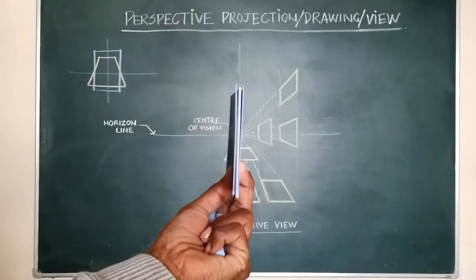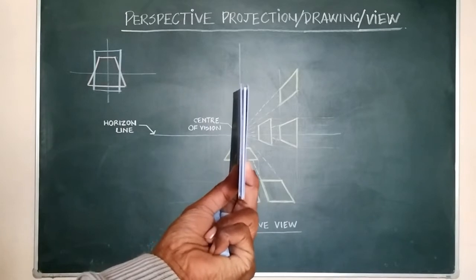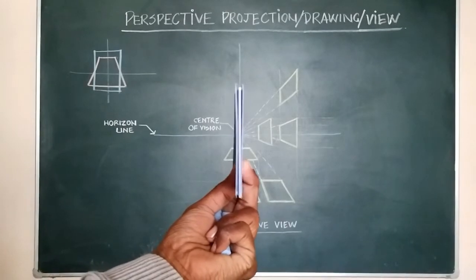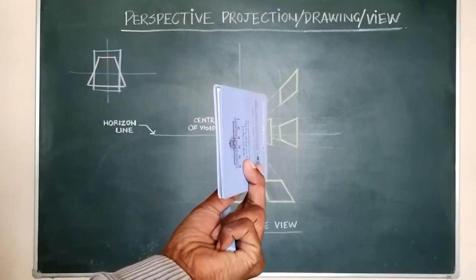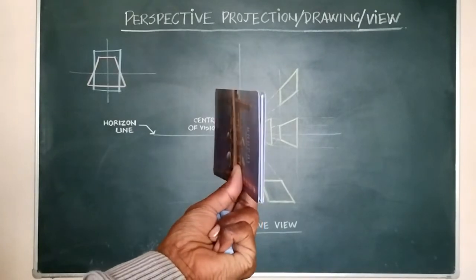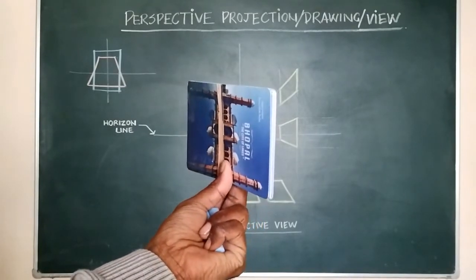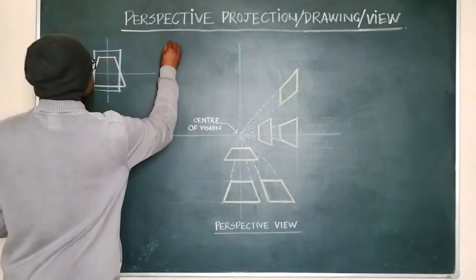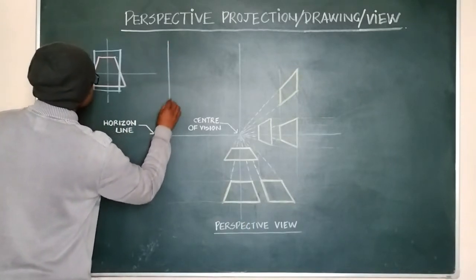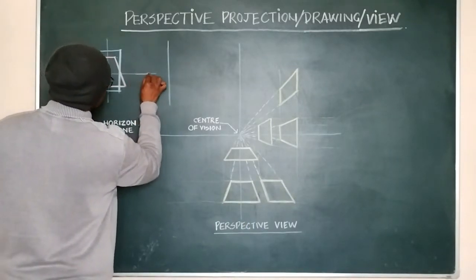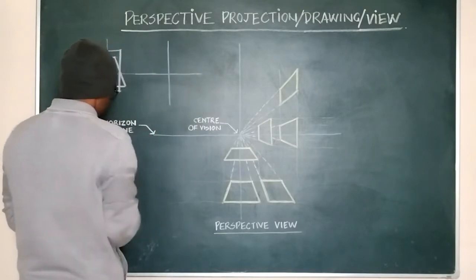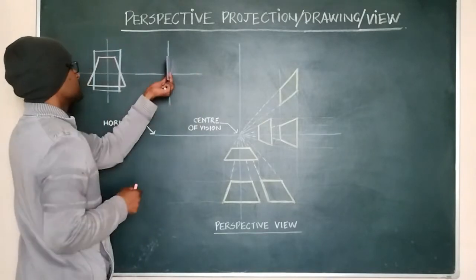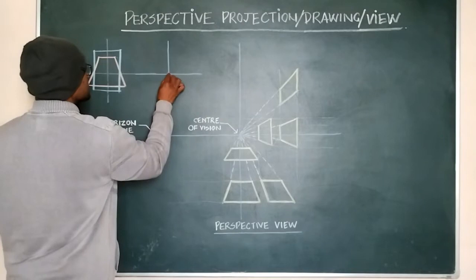Okay, now I am keeping my plane vertical. Now I am rotating this plane like this or like this. So let me draw again. Suppose this is the horizon line. If I put the object like this, this is the center of vision, by the way.